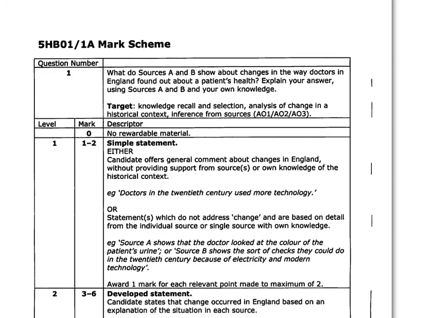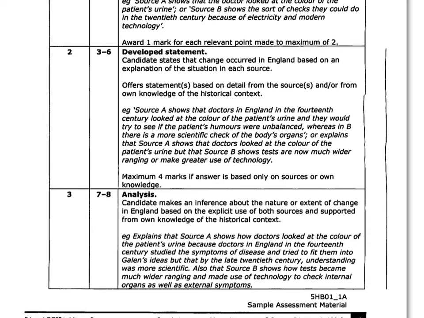Therefore, reading the level 3, 7 to 8 marks, the candidate makes an inference about the nature or the extent of change, how much change has taken place between the 2 periods, using both sources supported by their knowledge from the historical context that they've been taught.